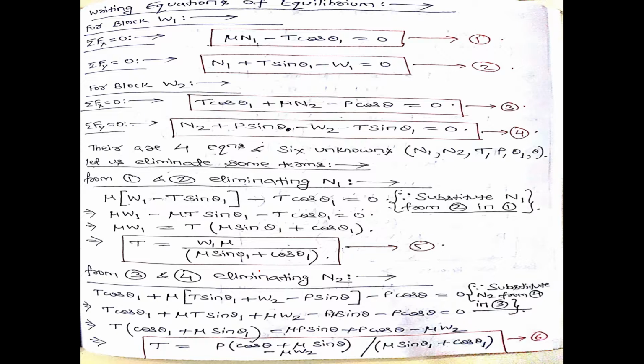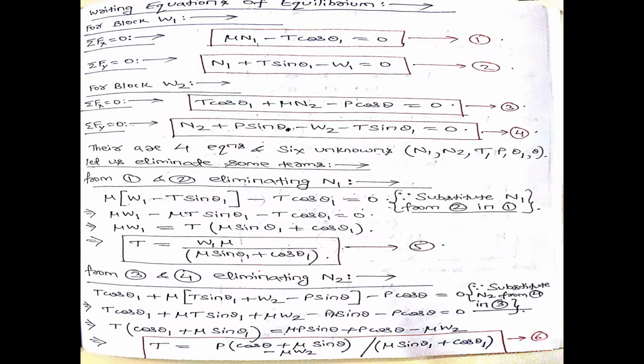No, sir, no doubt. Okay, so by taking the help of equation number 1 and equation number 2, I have formed equation number 5, that is T is equal to something.